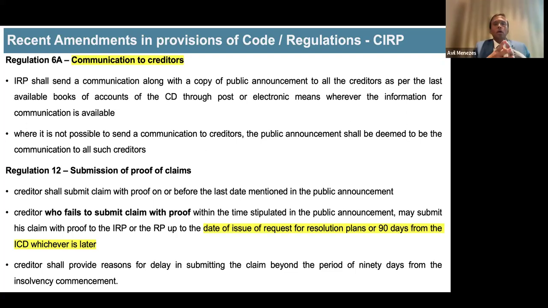So the regulation now says till what time you can file claims. It says up to the date of issue of request for resolution plans, till the date you issue the RFRP to a prospective investor, or 90 days from the insolvency commencement date, ICD stands for insolvency commencement date, whichever is later.